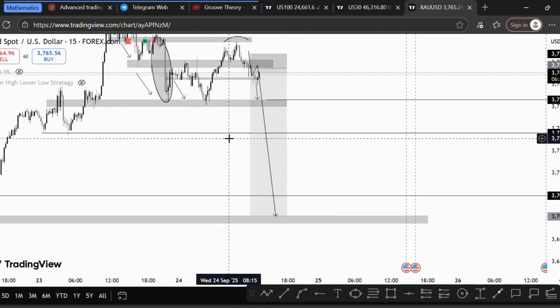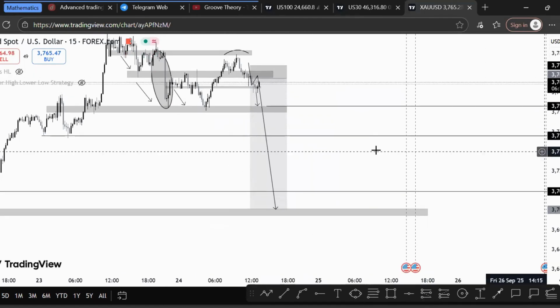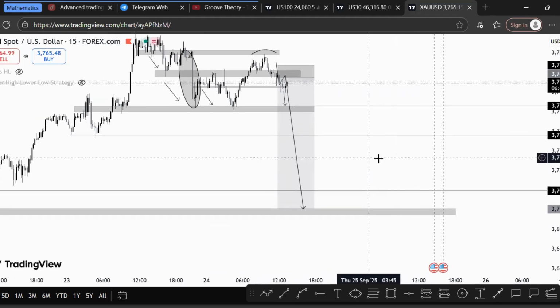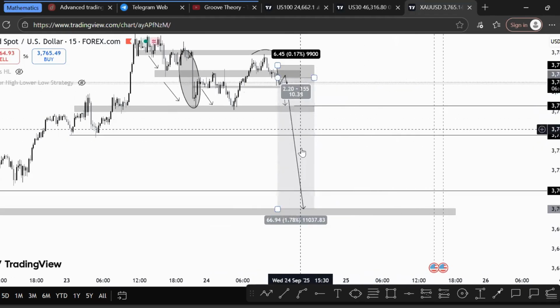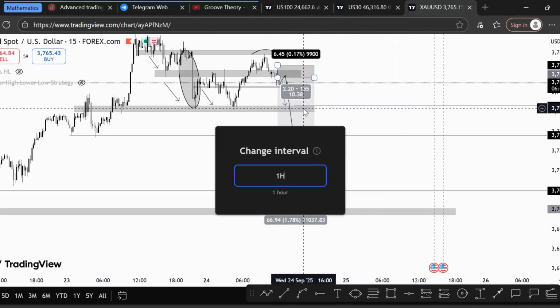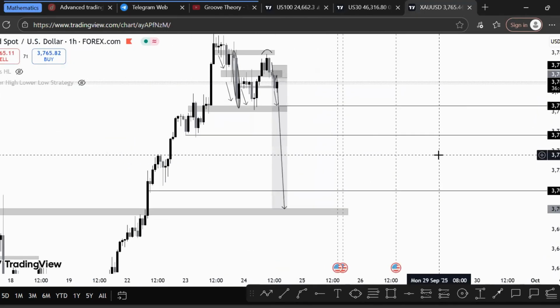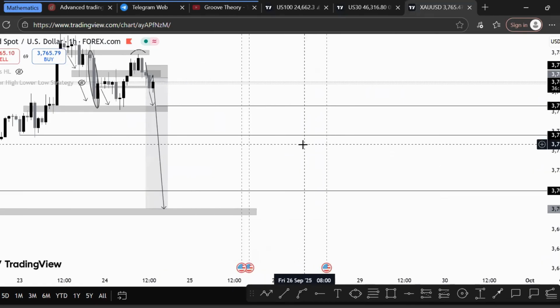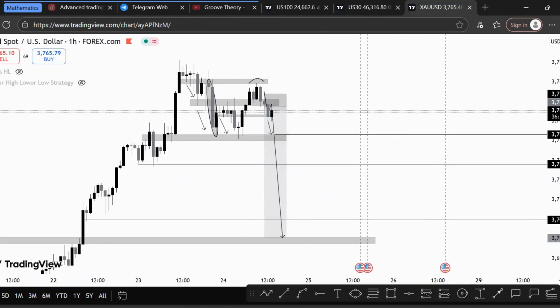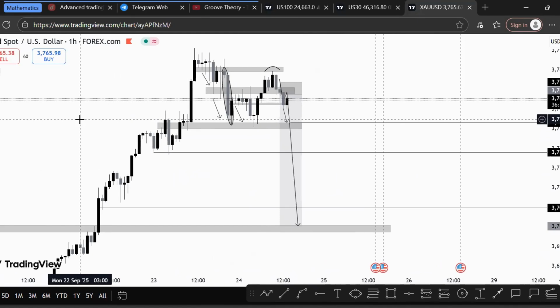Yeah, but pretty much this is a good, wonderful entry. So I want to see more of the market on a 1 hour shooting below those levels. So yeah, that's pretty much what's happening on gold.